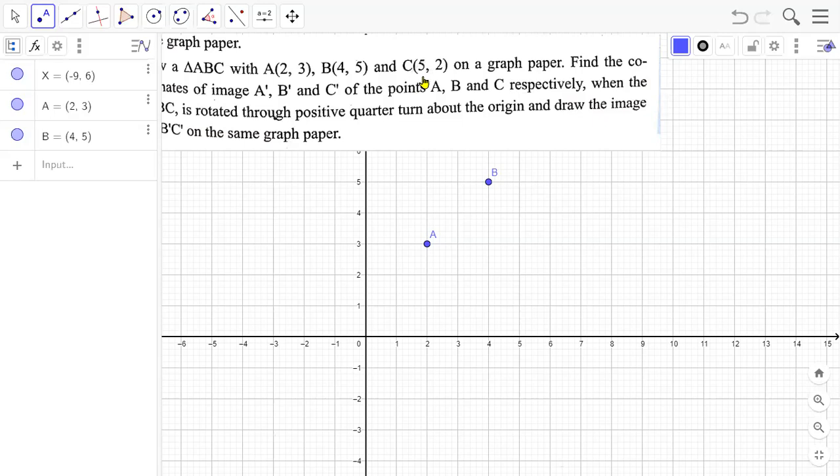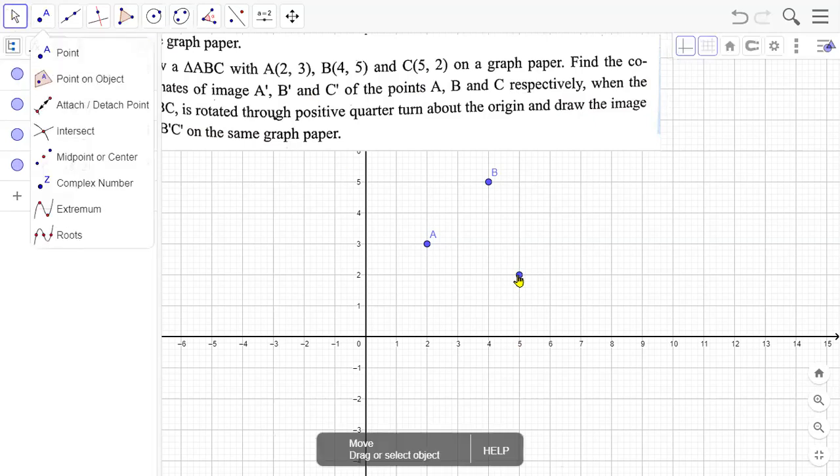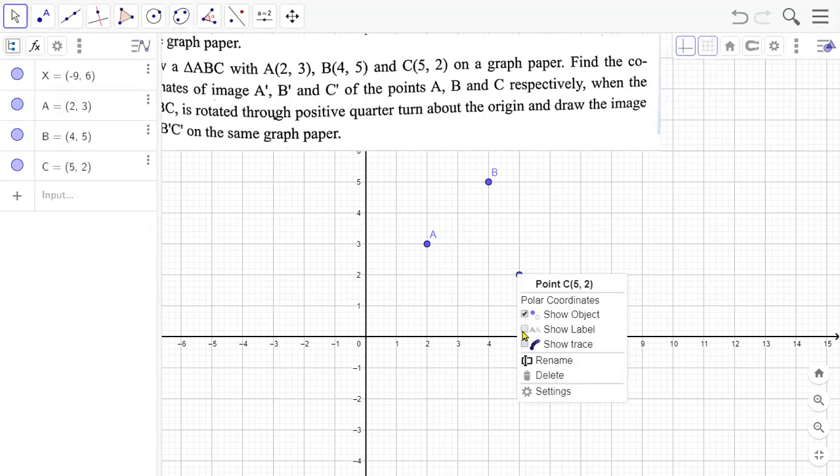What is the coordinate of point C? 5, 2. Here the coordinate of the point C is 5, 2. So let's plot the point C. 5 unit right, and then only 2 unit up. Finally we will reach this point, and this is just the point C.